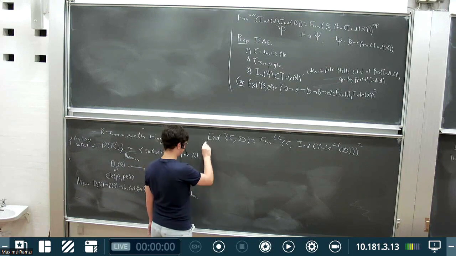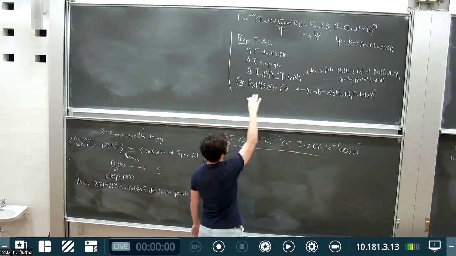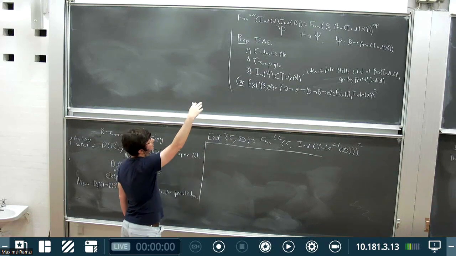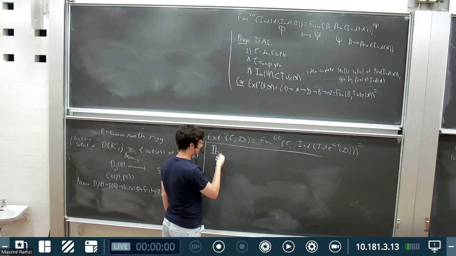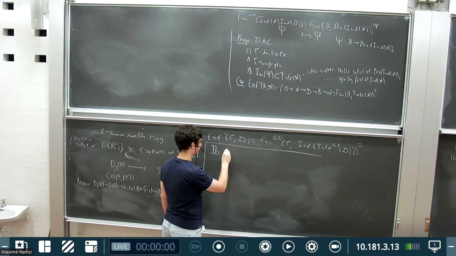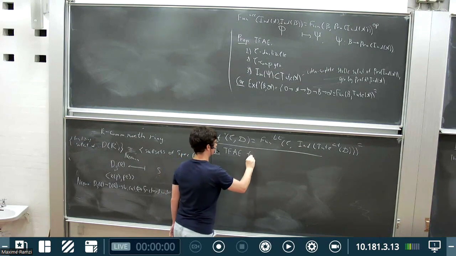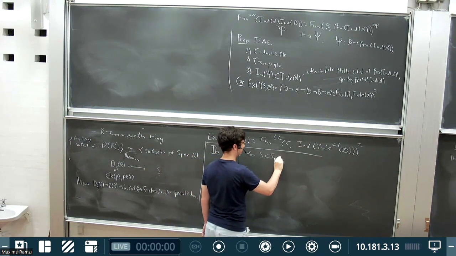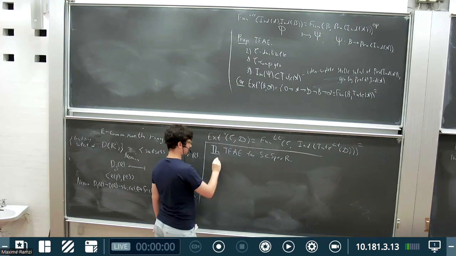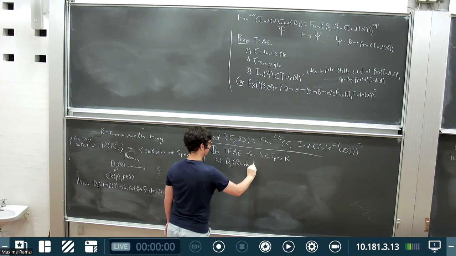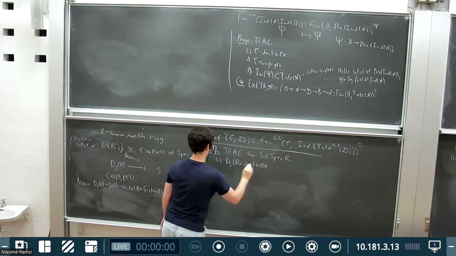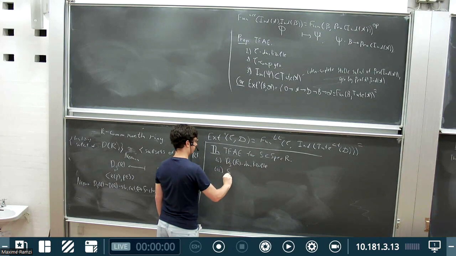And now it turns out that, using this general criterion for exact sequences, you can prove that the following are equivalent for a subset S of Spec R: first, that D_S of R is dualizable, and second, that S is convex.